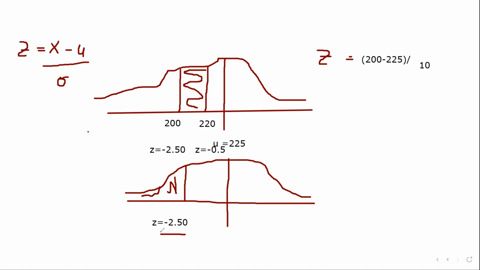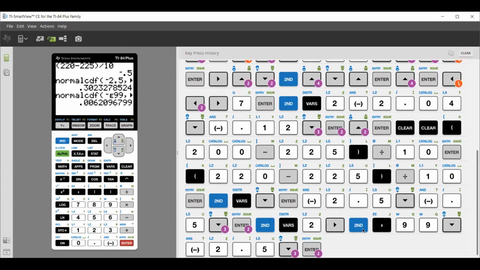And I'm going from negative infinity, because that's out here, to that z, which is negative 2.5. So when I go to the calculator, I get this. Okay, better? Yeah. And so 0.0062, right? Or 0.62%.